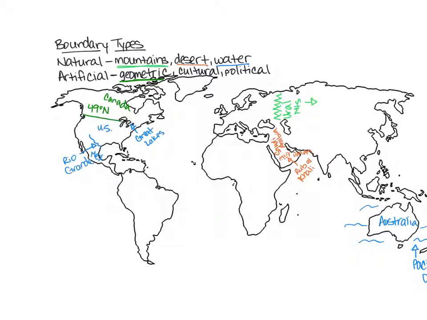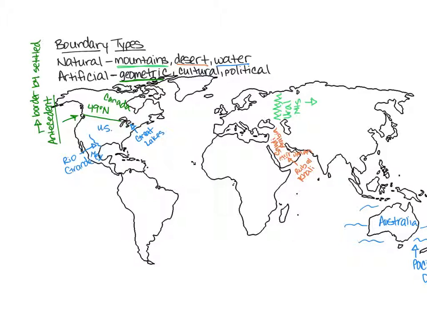Okay, so antecedent: A-N-T-E-C-E-D-E-N-T. Antecedent. So that is for the parallel. All right, here's why. This is a border that's agreed upon before settlement.